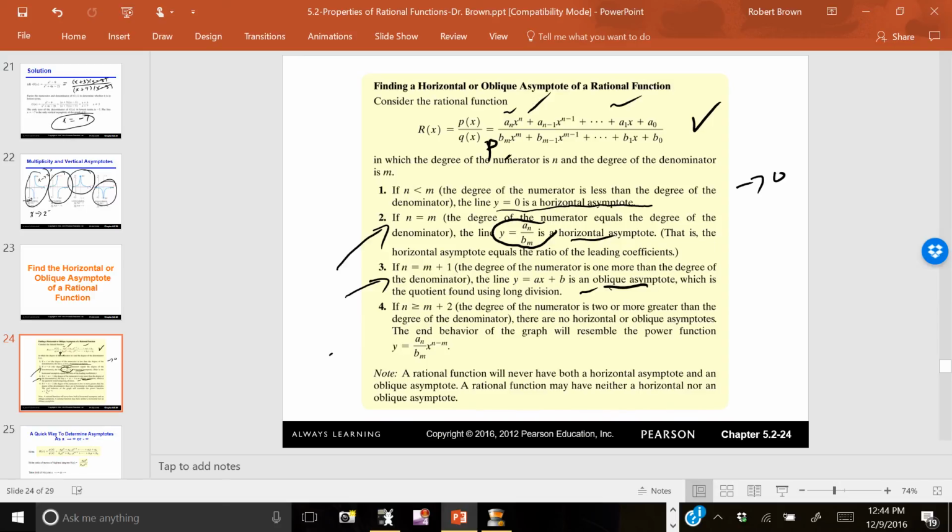And if the degree of the numerator is 2 or more greater than the degree of the denominator, then there are no horizontal or oblique asymptotes.